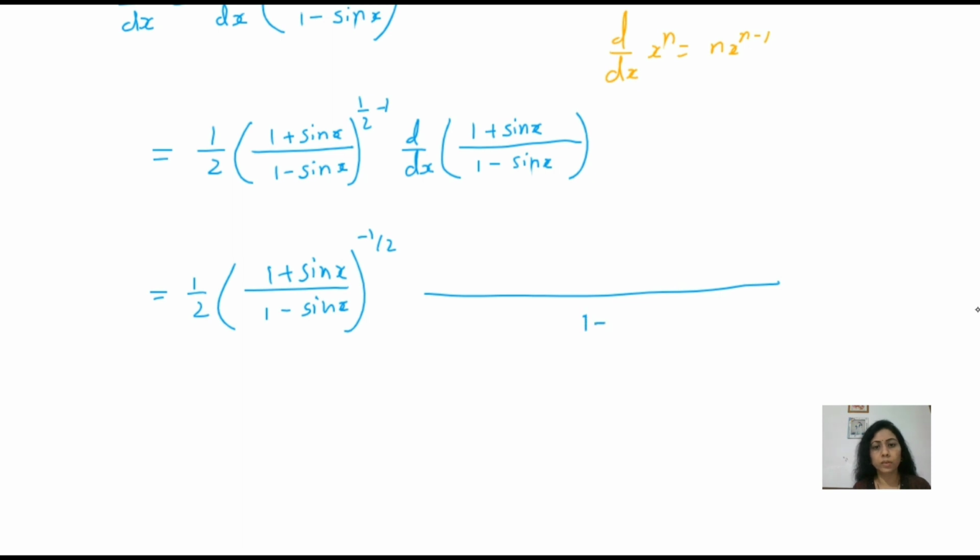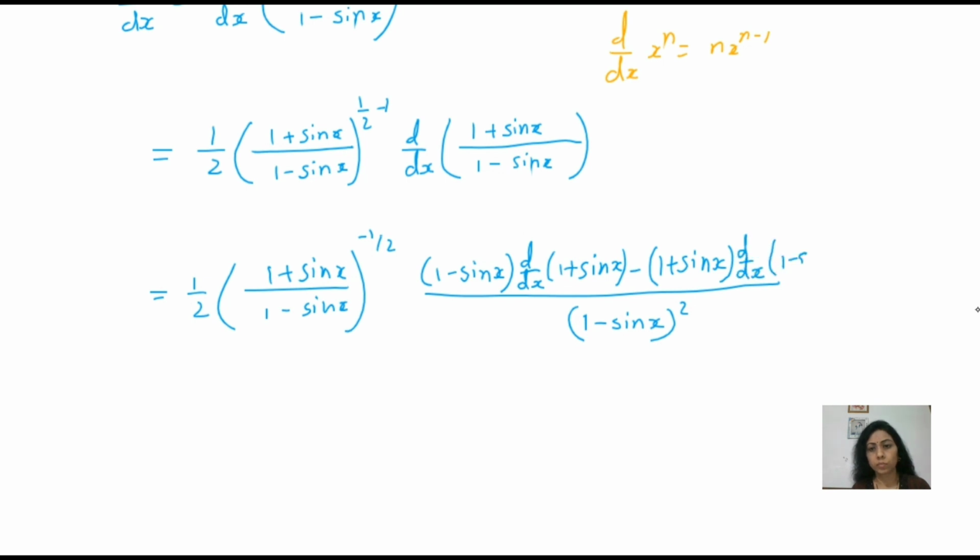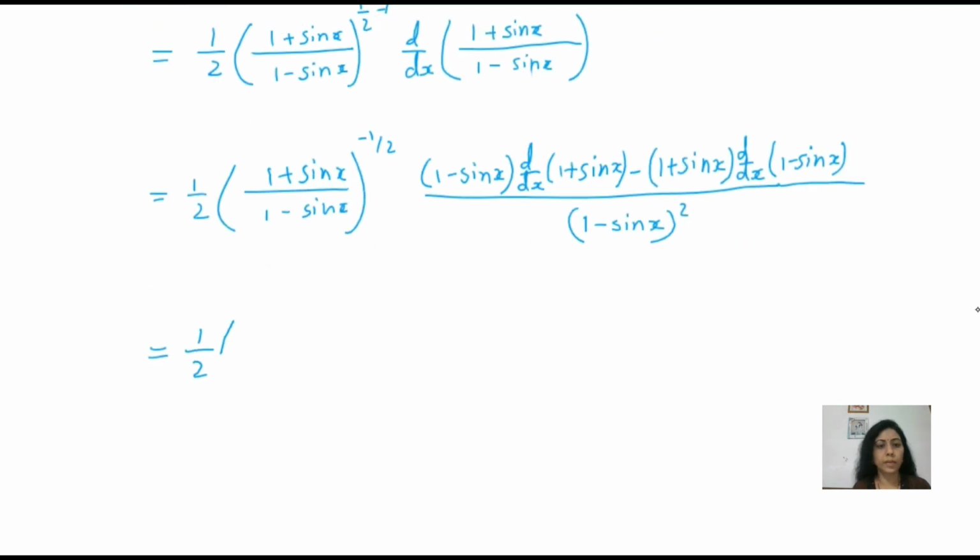So the denominator here, 1 minus sin x, is squared. Write the denominator as it is, and differentiate the numerator 1 plus sin x, minus, write the numerator as it is, differentiate the denominator 1 minus sin x. 1/2. Here is a negative power, so we can convert it into positive, and this fraction becomes its reciprocal.